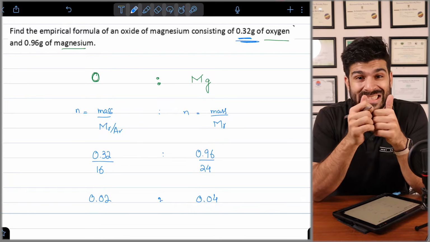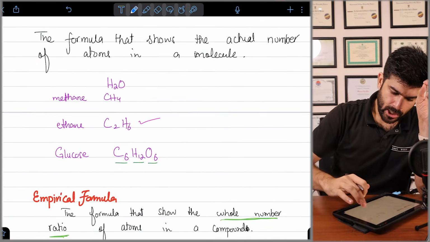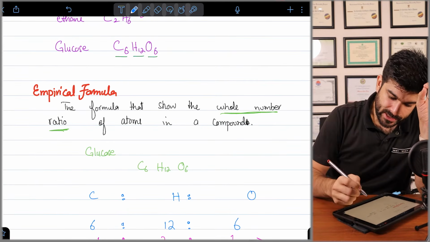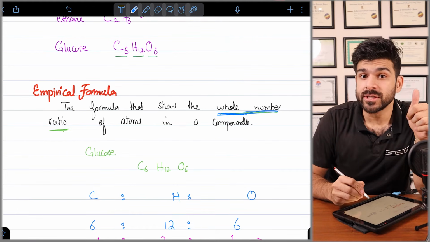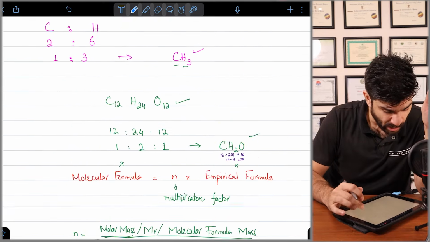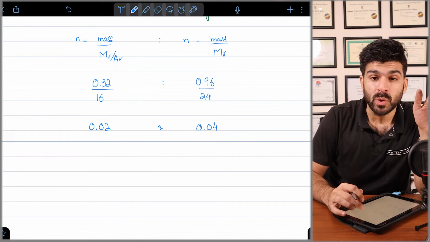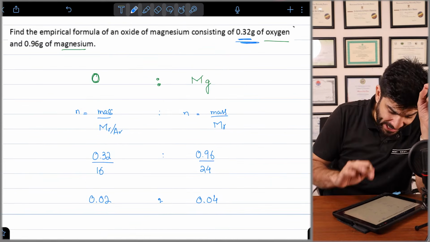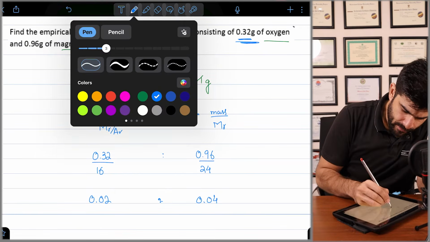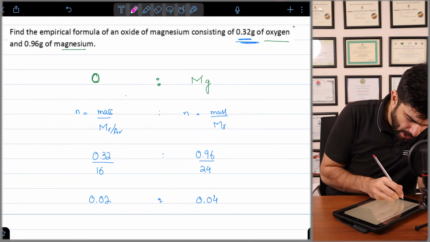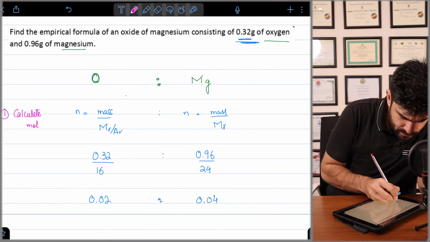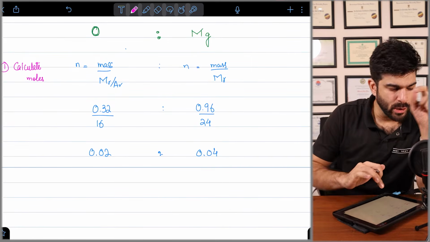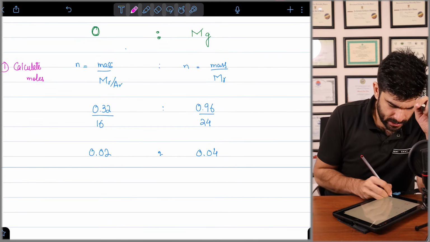But as I initially focused on, it should be a whole number ratio. We have calculated the ratio, and the ratio is the right one, but we need to jump towards whole numbers. So if I write the steps: step number 1, calculate moles. Found the value, this is the value for moles.